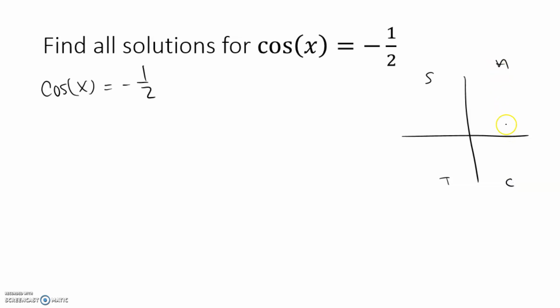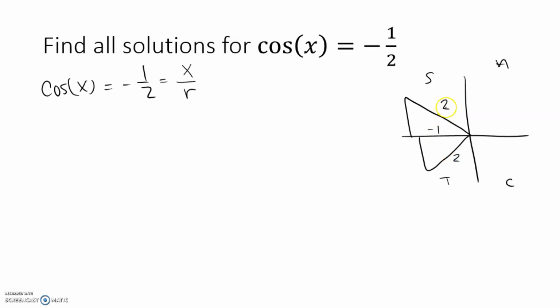All functions are positive here, only sine and its reciprocal, tangent and its reciprocal, cosine and its reciprocal. So cosine will be negative here in the second and in the fourth quadrant. So I'll have two triangles. This is telling me that this is x over r. Remember, r is your radius. It's never negative. So it must be -1 for our x, 2 for r.